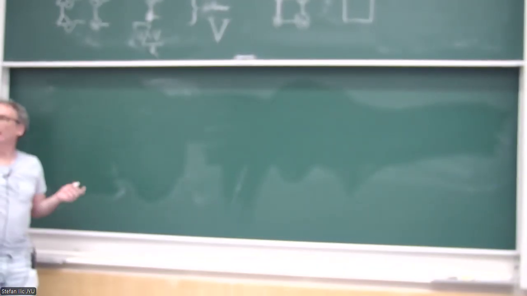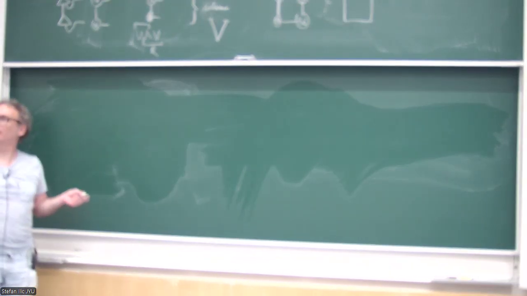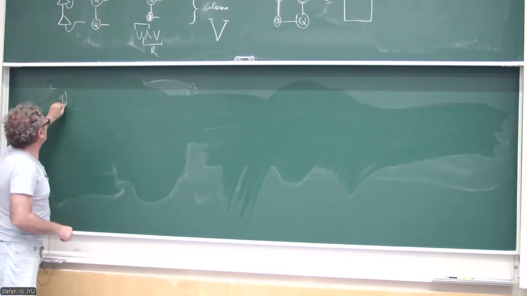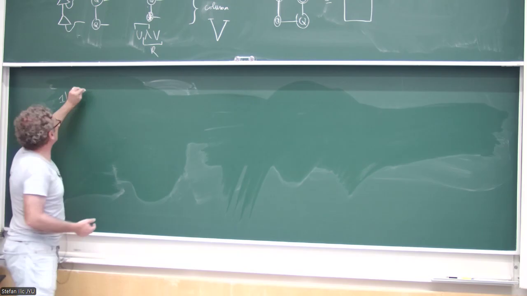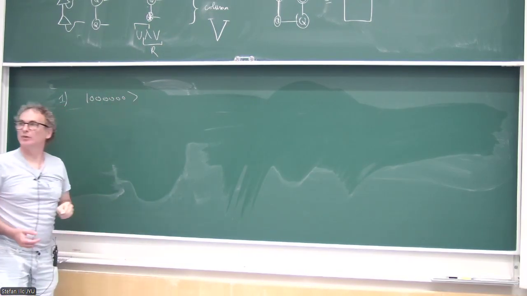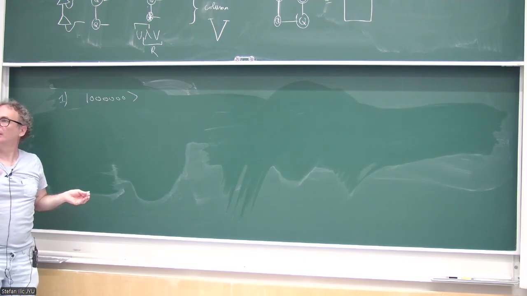Okay, so once again, now we have a quantum computer. We want to simulate it with MPS. Let's say we start with everybody in 0, 0, 0, 0. The first thing we will do is create a list of tensors.